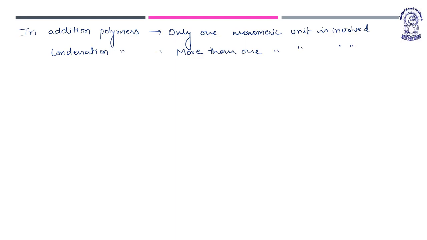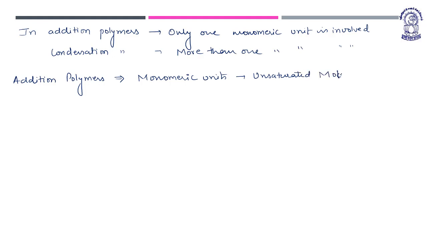In addition polymers, the monomeric units are unsaturated hydrocarbons having pi linkage, while condensation polymers include monomers having multiple functional groups.